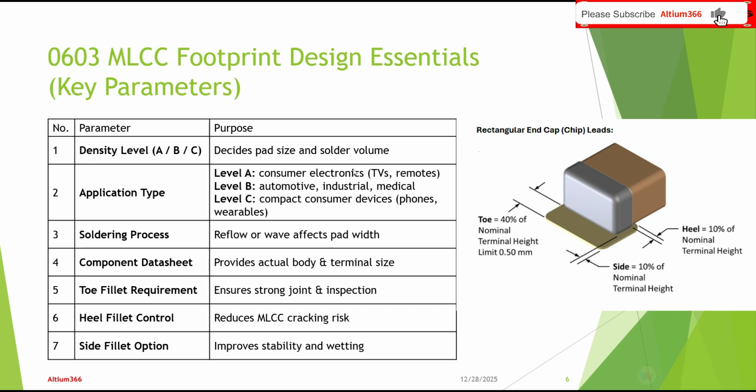Level A is for consumer electronics like TV and remotes. Level B is for automotive, industrial and medical applications. Level C is for compact consumer devices like phones and wearables. Based on the application type you can decide which level to select, and based on that the dimensions also change.